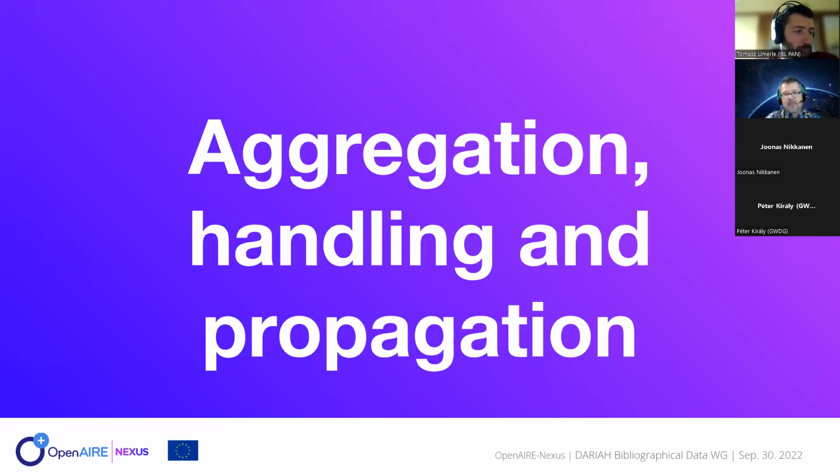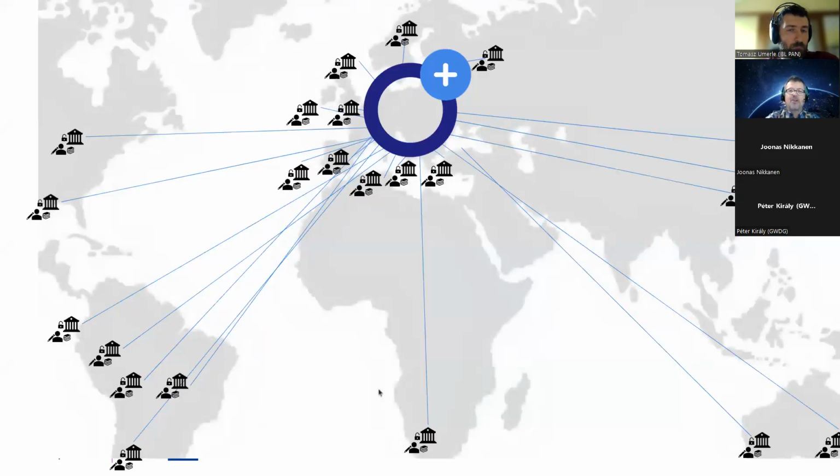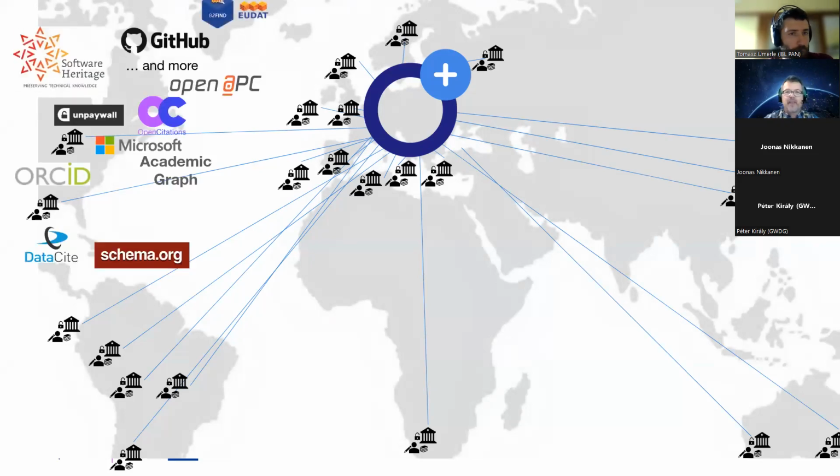For the aggregation, handling and propagation of data sources in OpenAIRE, OpenAIRE collects from different data sources: repository literature, institutional, thematic, national aggregators all over the world on a weekly basis.